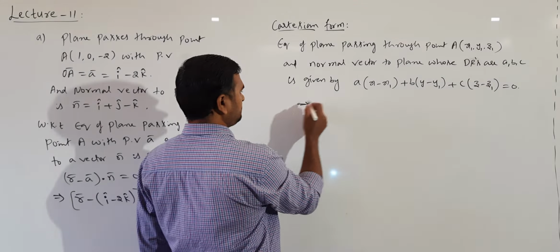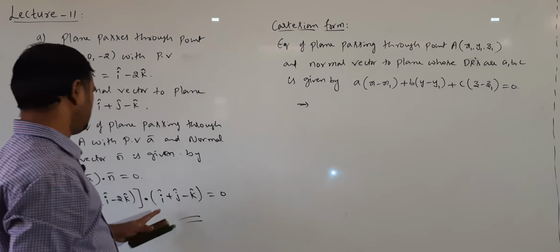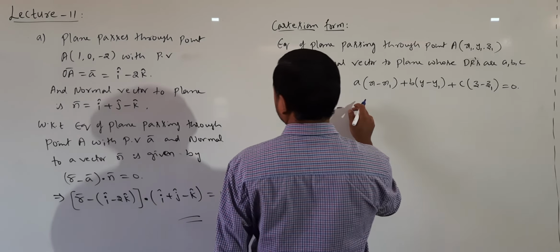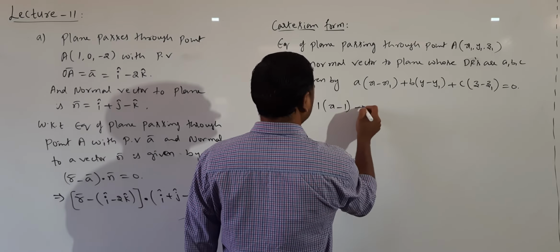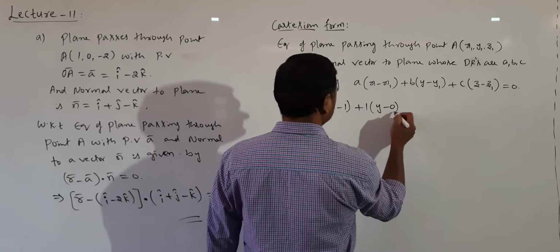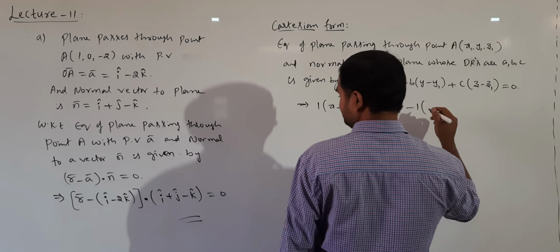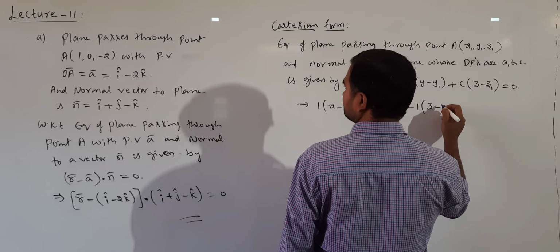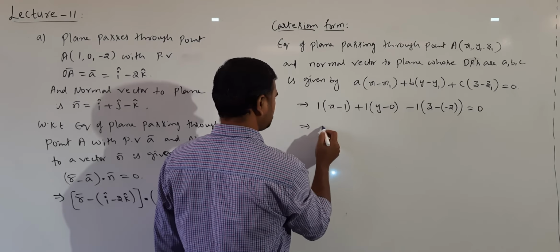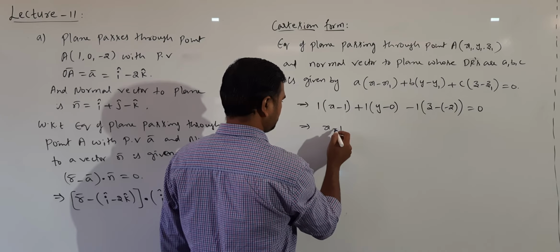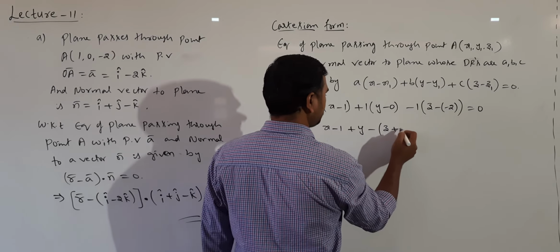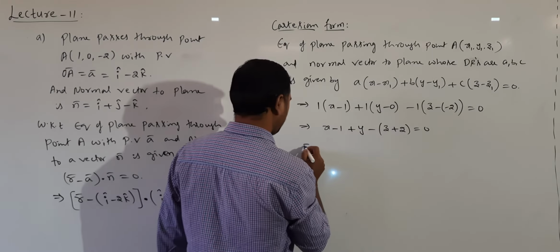So we know the a, b, c values, that is 1, 1, minus 1. So 1 into x minus x1, where x1 is 1, plus 1 into y minus y1, where y1 is 0, plus minus 1 into z plus 2 is equal to 0.